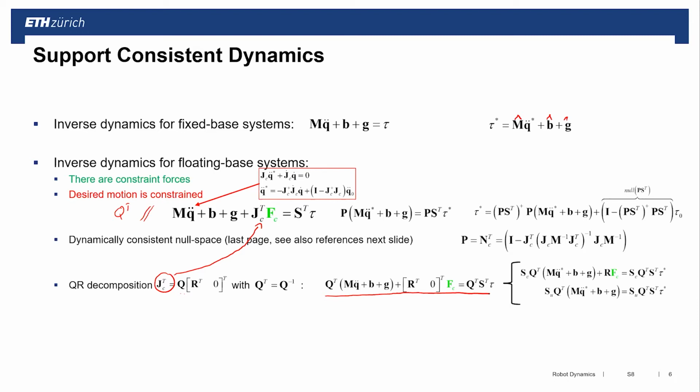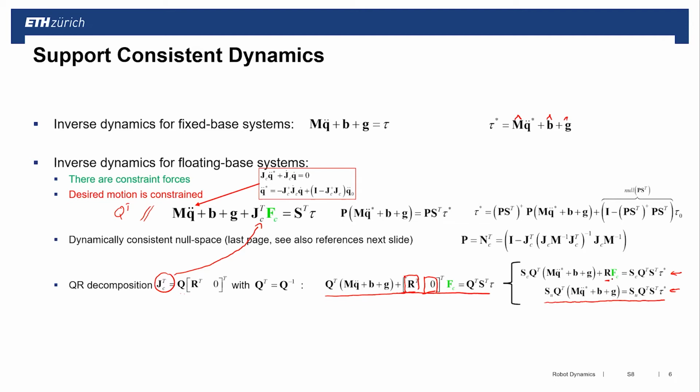The reason I'm showing this is because what you see now is you have an upper part and a lower part of the force. So you can split the equation into two sub-equations. One sub-equation here, which is independent of the contact forces, and one which has this R block diagonal matrix for F, which is invertible, such that you can directly calculate the force.